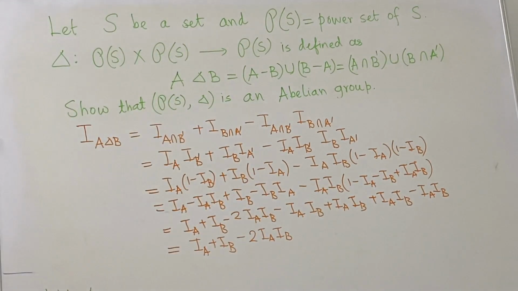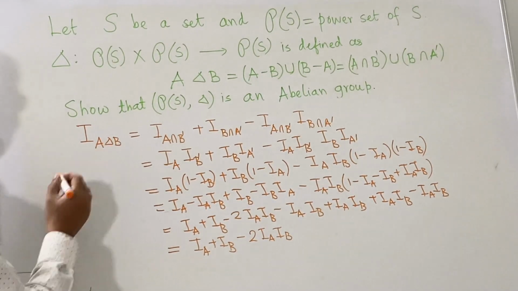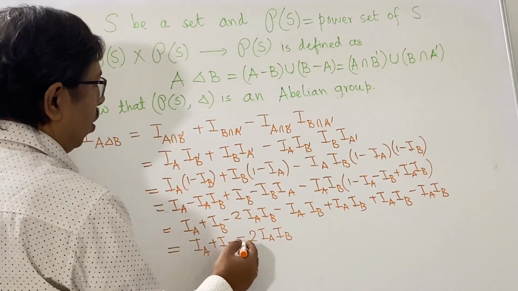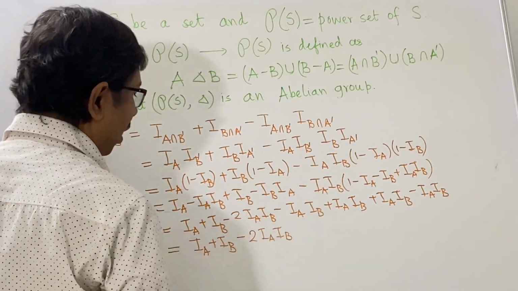So this is the result that we will need, that the indicator function of A symmetric difference B is I_A plus I_B minus twice I_A I_B.